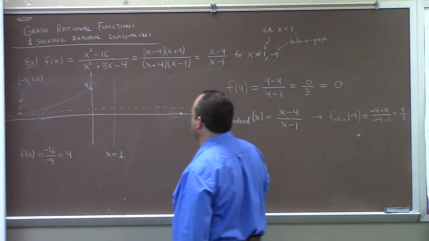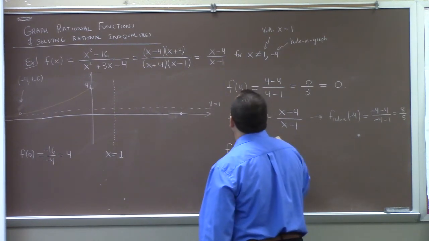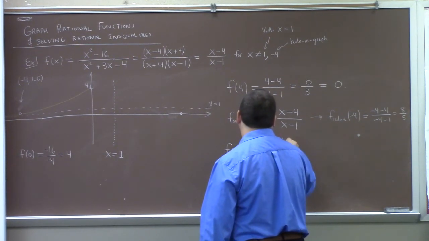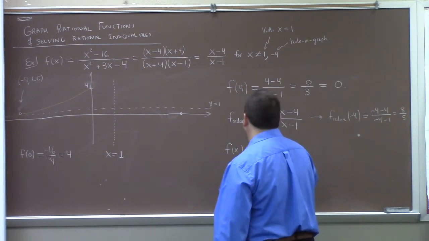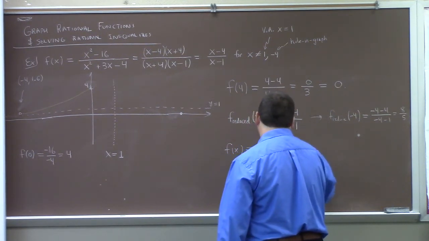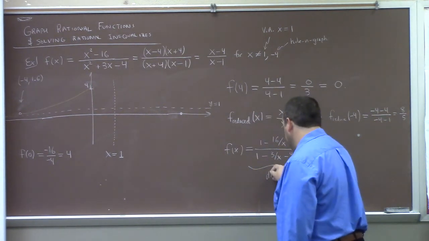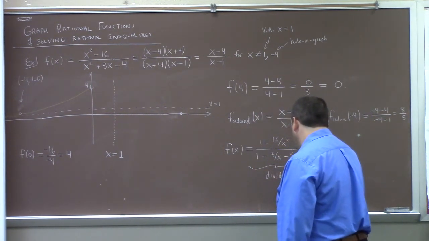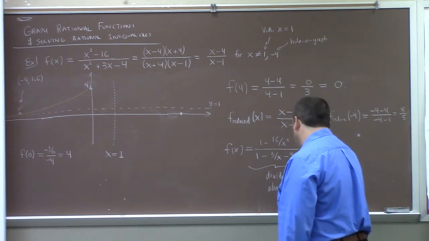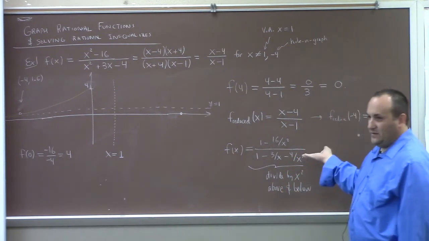And to see that, notice that f of x is equal to 1 minus 16 over x squared, divided by 1 minus 3 over x minus 4 over x squared. So divide by x squared above and below. If we do that, then that's the formula we get for the function, right?